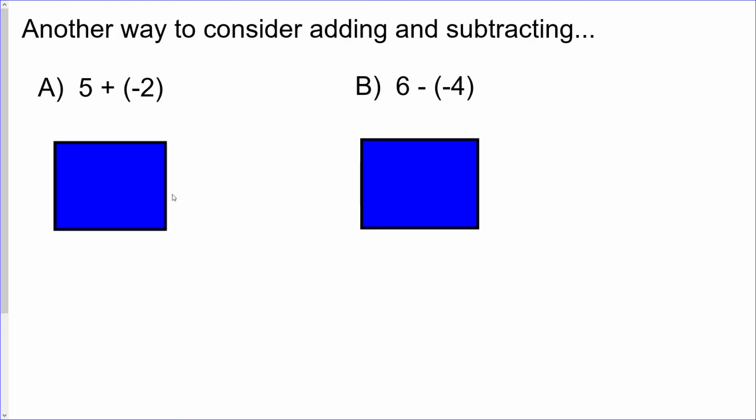Now, one last thing for this lesson, I want to just bring up the multiplying and dividing rules that we talked about as another way of considering adding and subtracting.